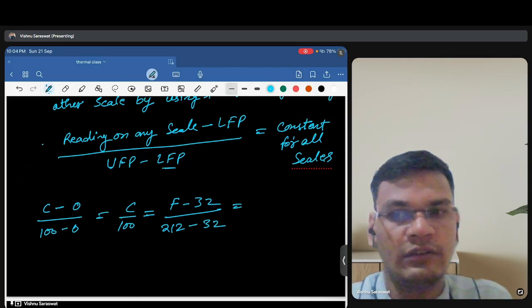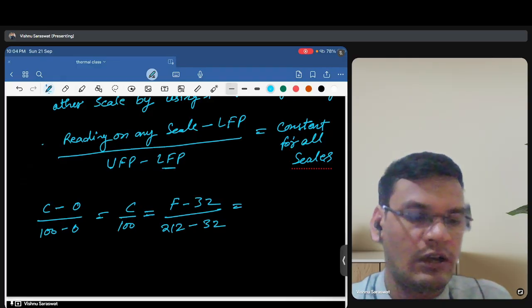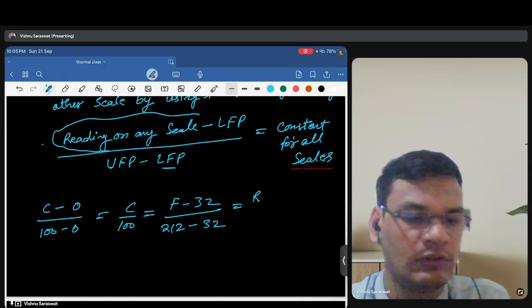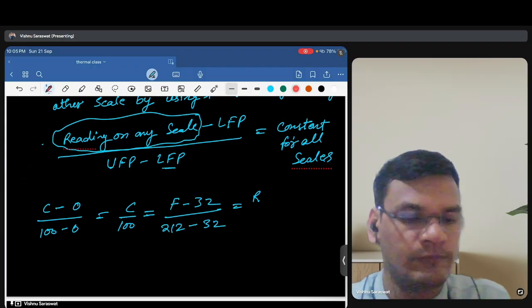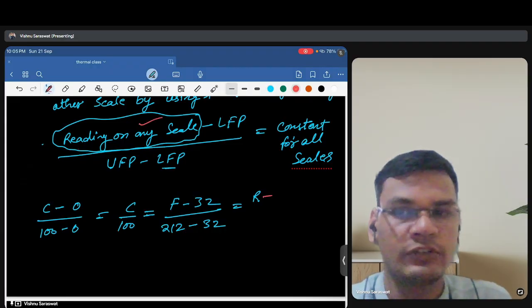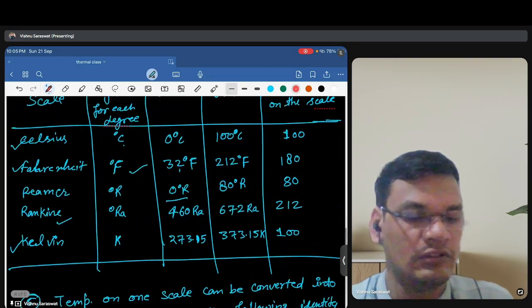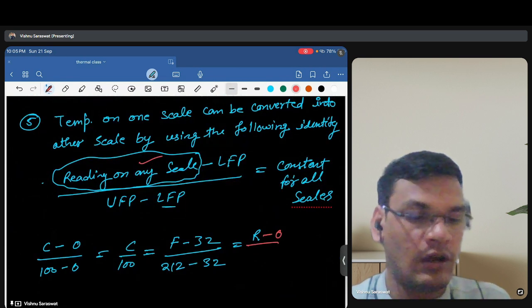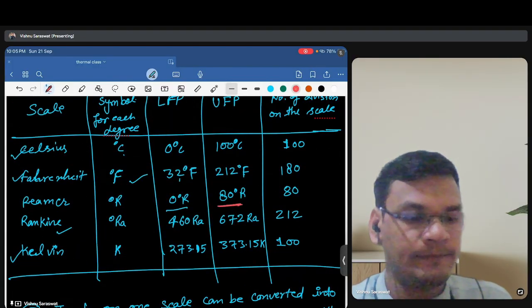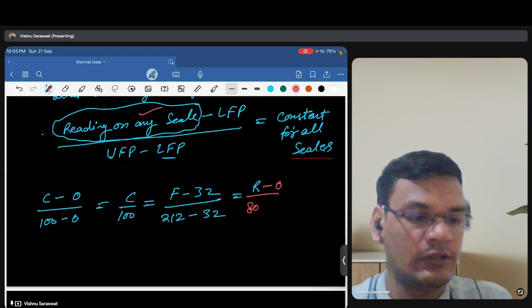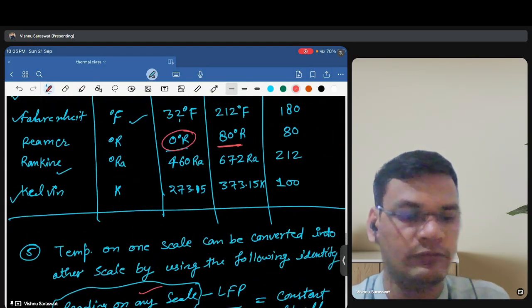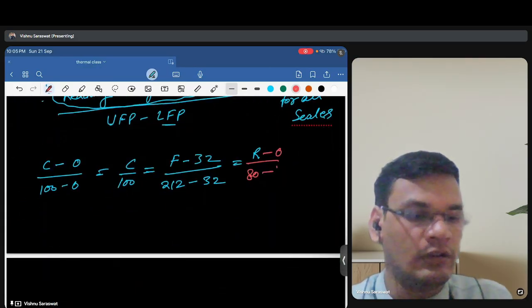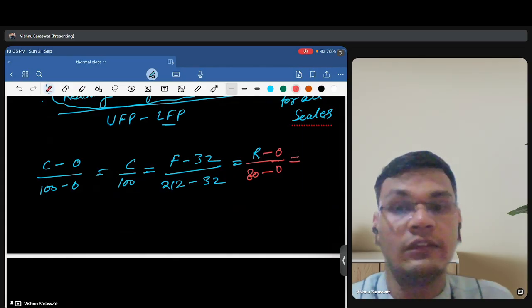Again you can take another scale like Reaumur. The reading is R, so you put R minus the lower fixed point of the Reaumur scale, which is 0, and the upper fixed point is 80 minus the lower fixed point, 0.